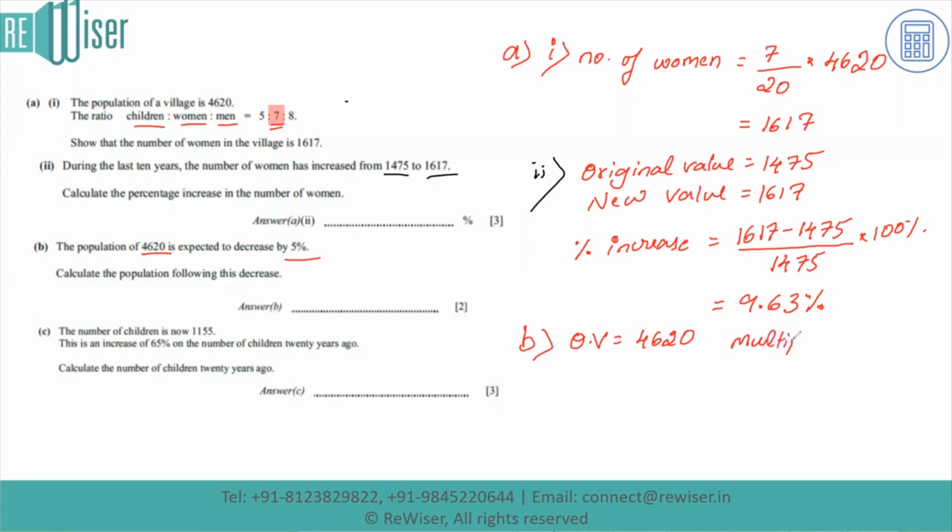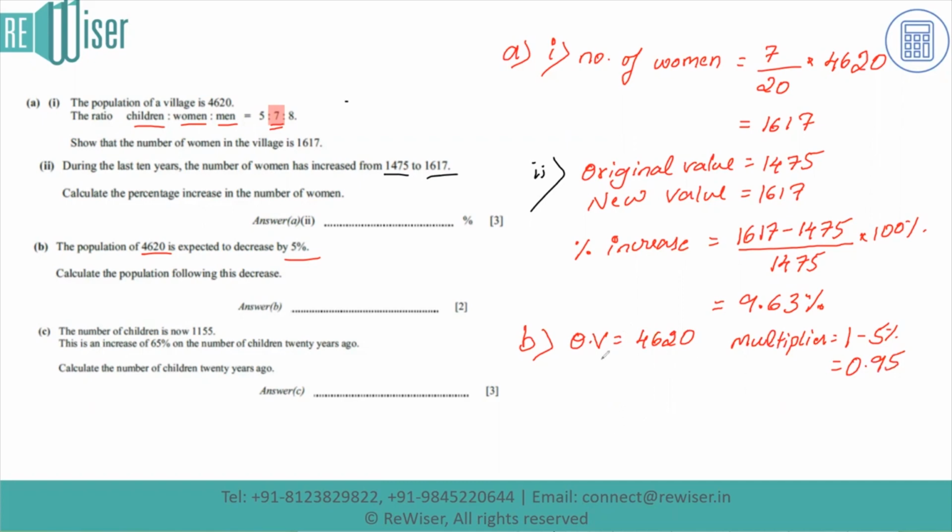Here the multiplier will be, because it's a decrease, 1 minus 5%. 5% is the same as 0.05, so 1 minus 0.05 would be just 0.95. So the multiplier has to be 0.95.